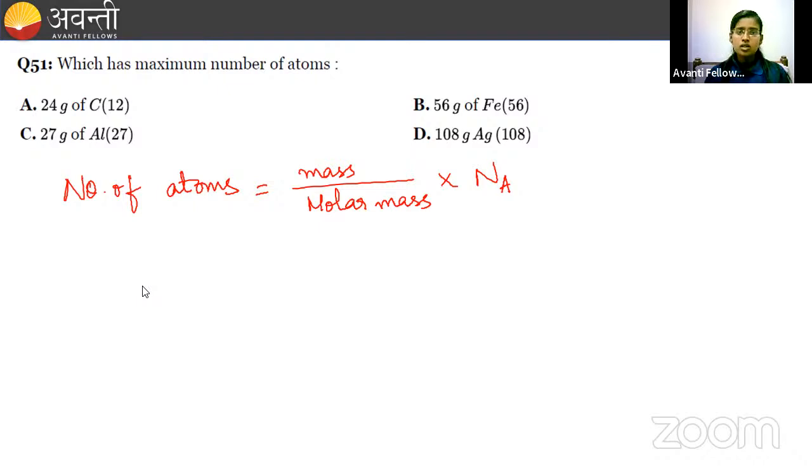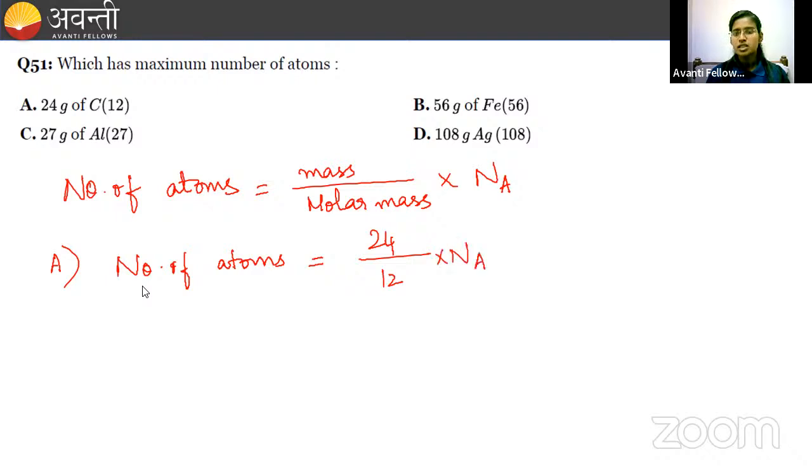Okay. So now let's go for each option. Let me go for option A first. Here we have 24 gram of carbon whose atomic mass is 12. So the number of atoms of carbon is equal to the given mass, 24 gram, and the molar mass of carbon, which is nothing but the atomic mass here, 12, into Avogadro number.